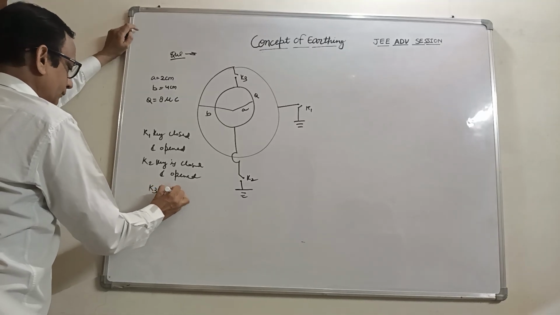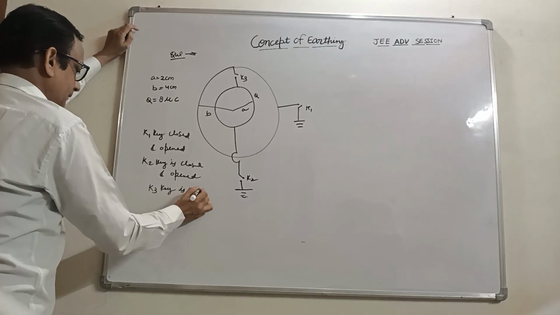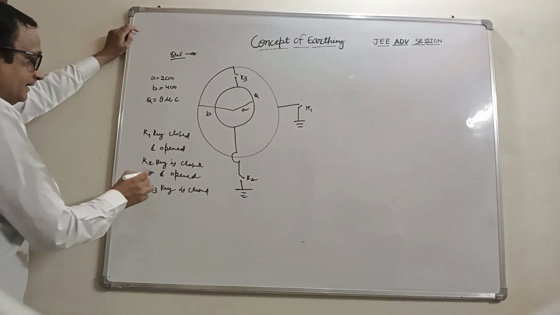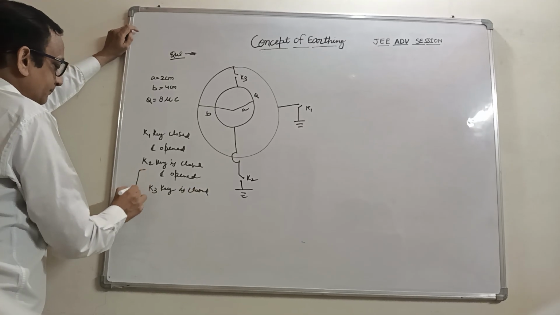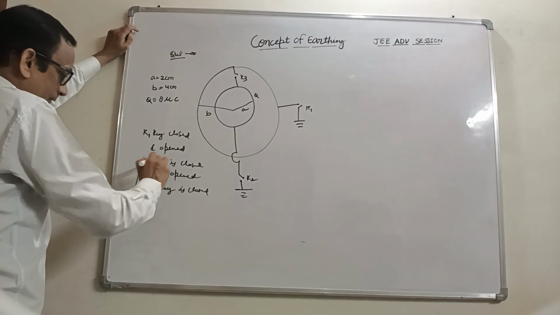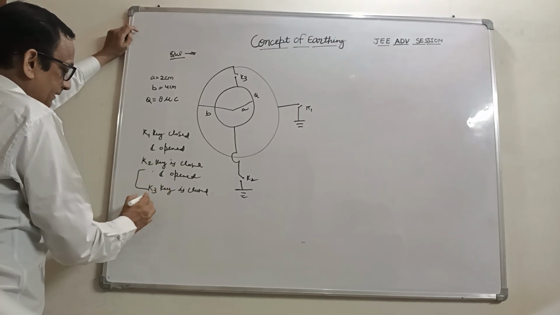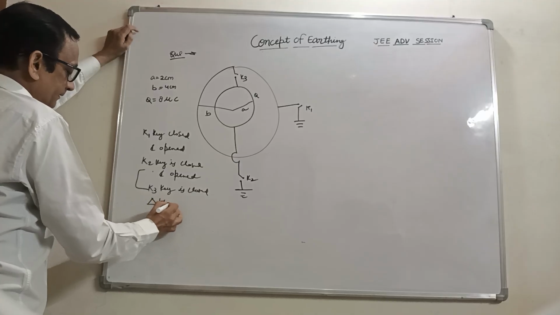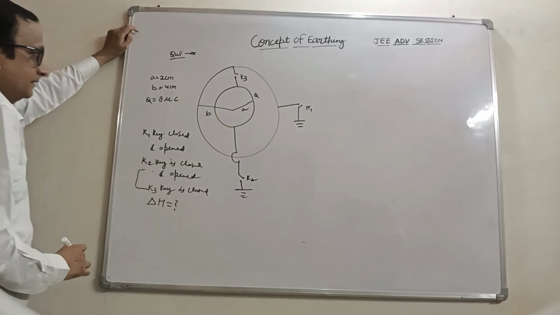Thereafter, K3 key is closed. We have to find the heat loss during this process, when K2 is opened and K3 is closed.